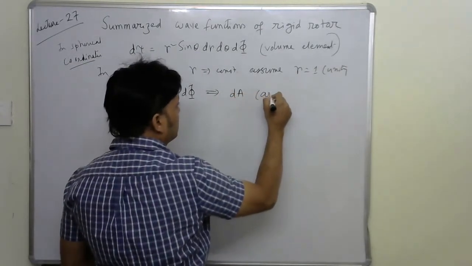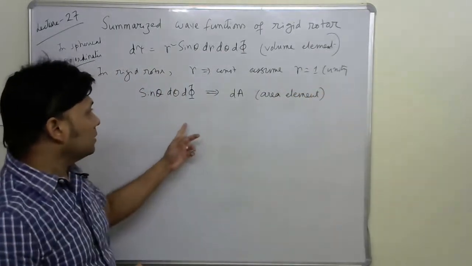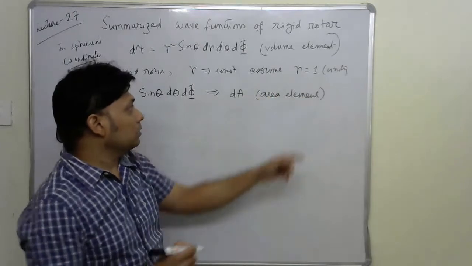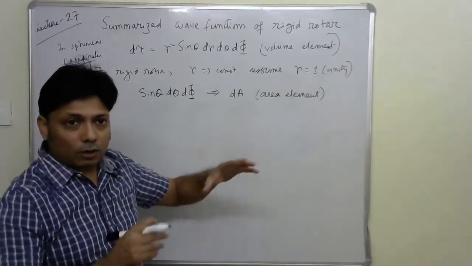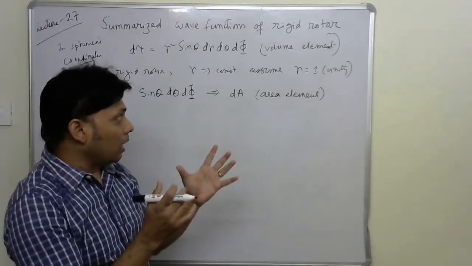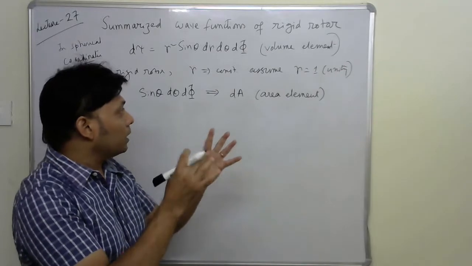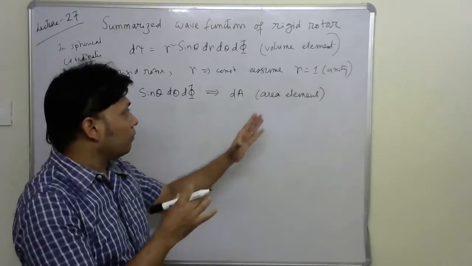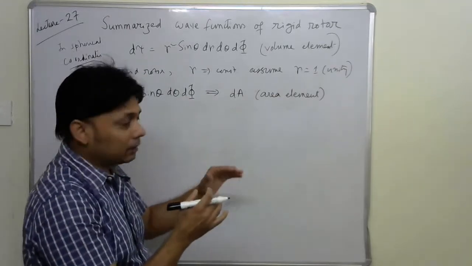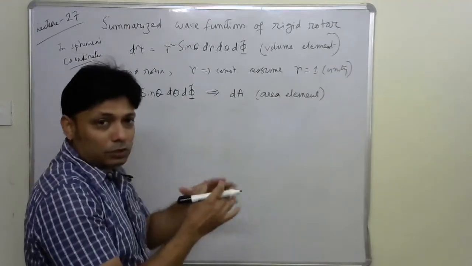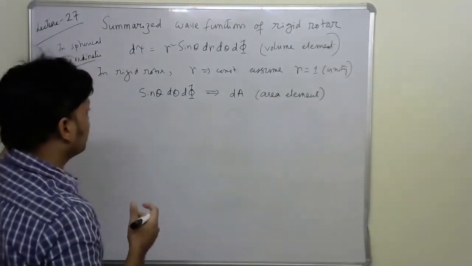That means this is an area element, because if we multiply it by r, another dimension of length, we get the volume. So if we divide a cubic length dimension by a length, it becomes length squared, which is area.